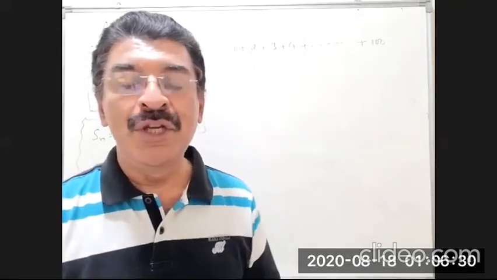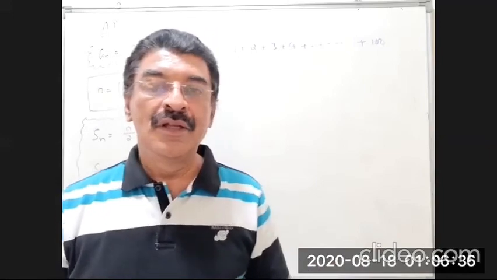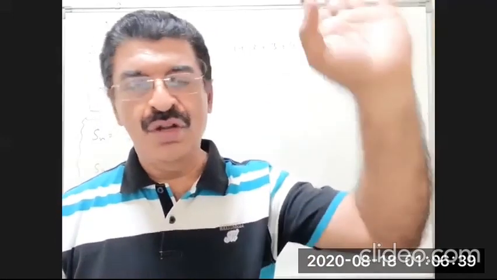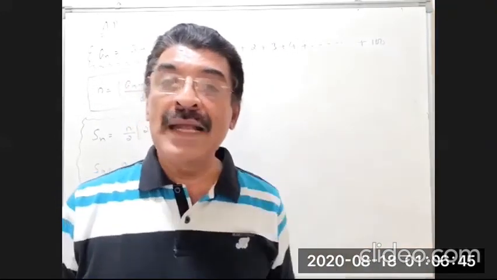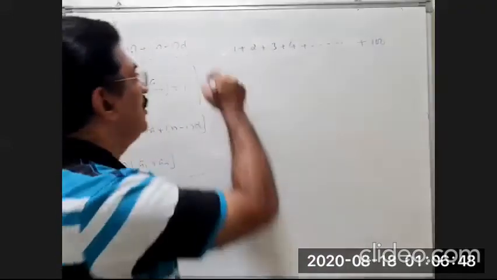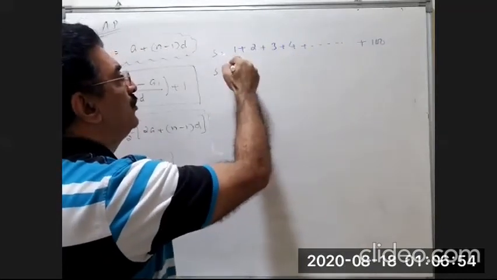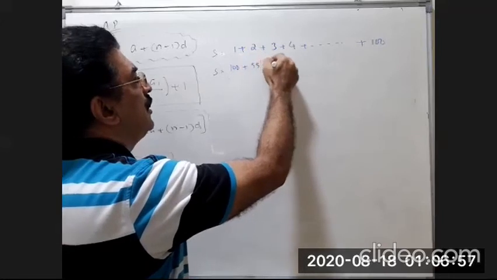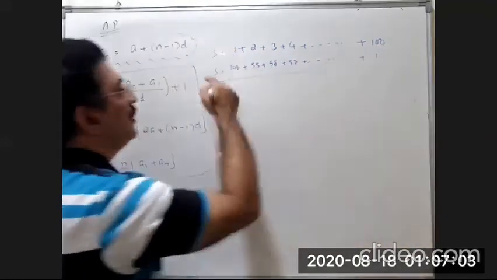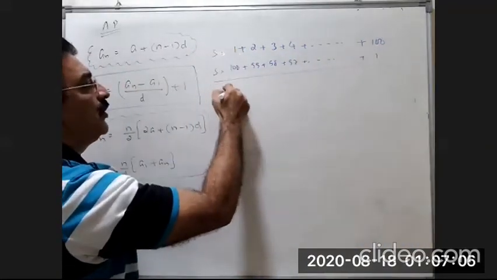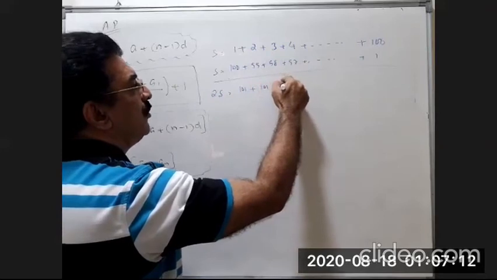Within a minute or two, this Gauss came with the answer. So this is the answer. Without seeing the answer, the teacher said, no, wrong, do it once again. But Gauss insisted, no sir, this is the answer, check it. When his math teacher checked it, yes, this is the sum. What the student did was write the sum in reverse order: 100, 99, 98, and so on. Adding the two, 100 plus 1 is 101, 99 plus 2 is 101, 98 plus 3 is 101.